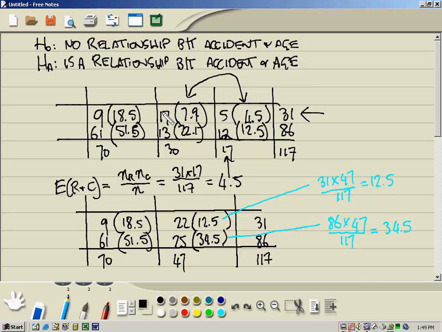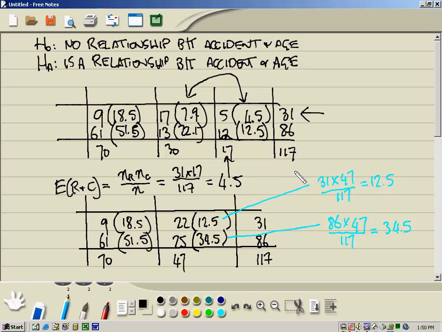As before, we combine the observed values. 17 and 5 is 22, 13 and 12 is 25, and either you can go 22 and 25 is 47, or 30 and 17 is 47. To get the expected values, of course, we go row total 31 times the column total 47 divided by the grand total 117, and the answer is 12.5. And same you can see for the result on the bottom right hand corner.